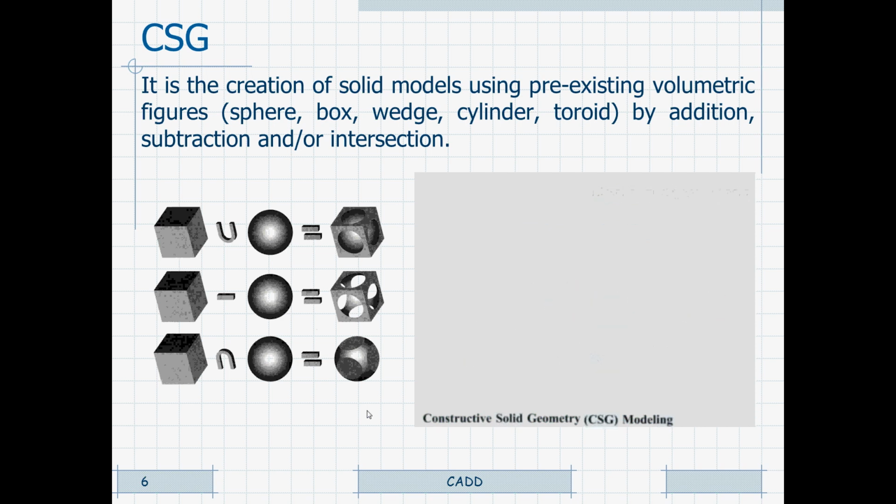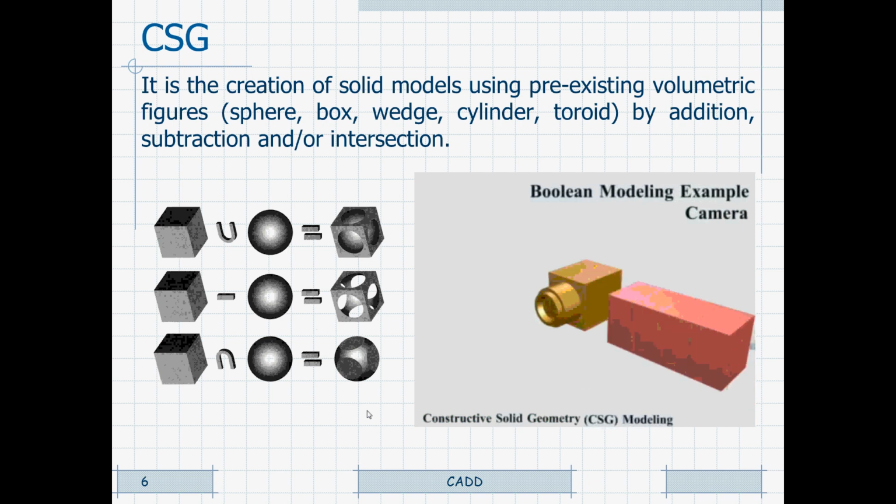Now, this is another example to make a camera just using constructed solid geometry. This is the lens part of the camera using a union and a subtraction. Okay, then we add a union to create the body of the camera and add more features into that body.